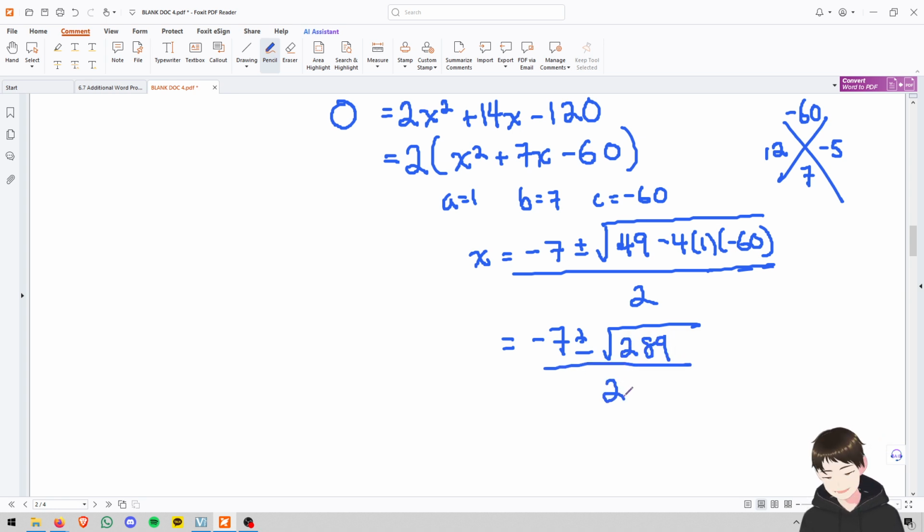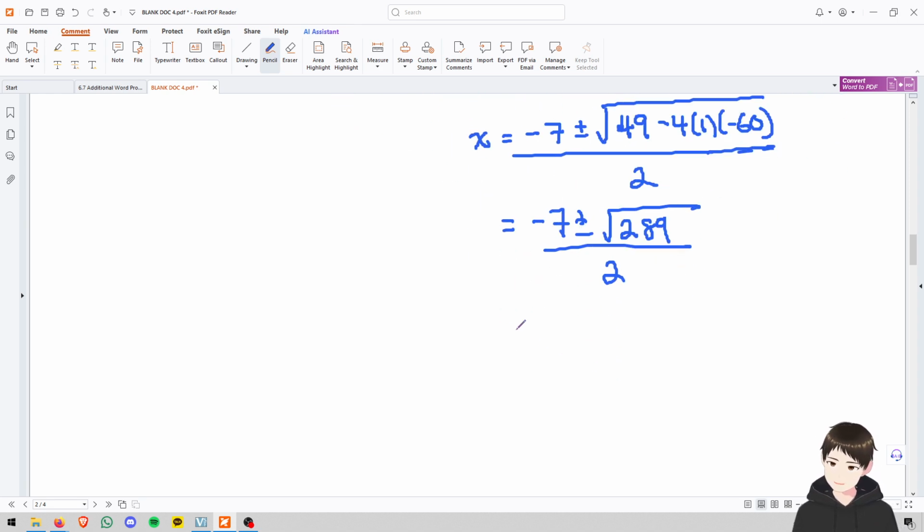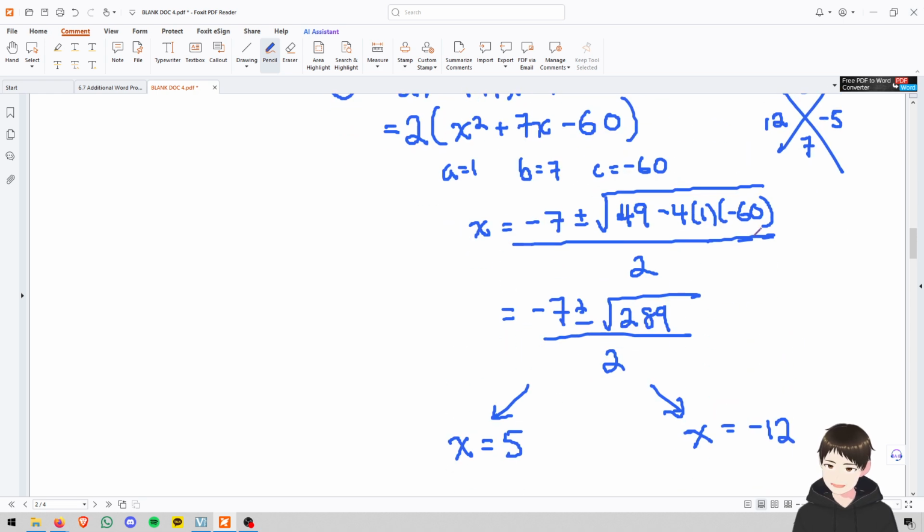If I remember correctly, I think that's a 17. Square root 289. Yep, that's 17. So my roots are going to be negative 7 plus 17 divided by 2, that's 5, or negative 7 minus 17 divided by 2, negative 24 over 2, negative 12, which is my two numbers.